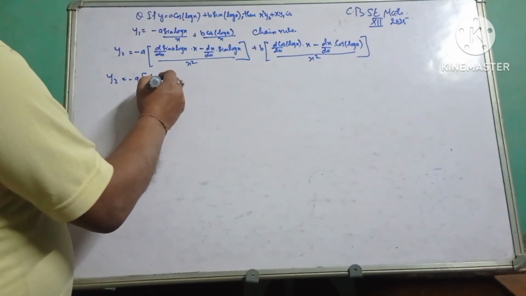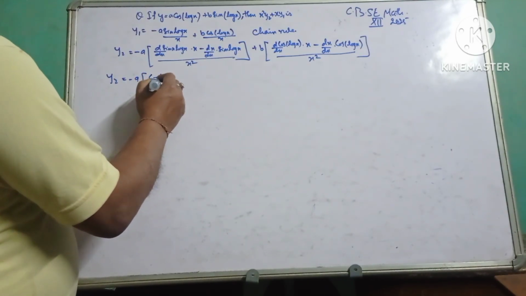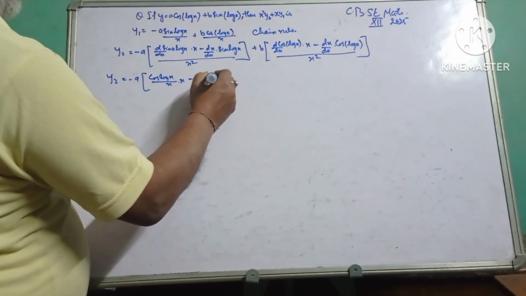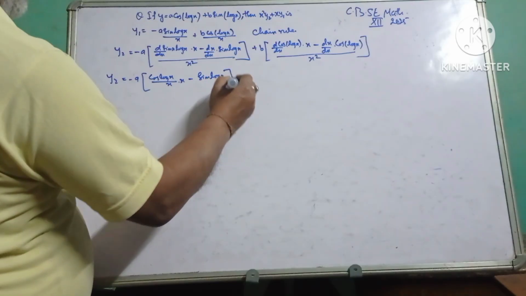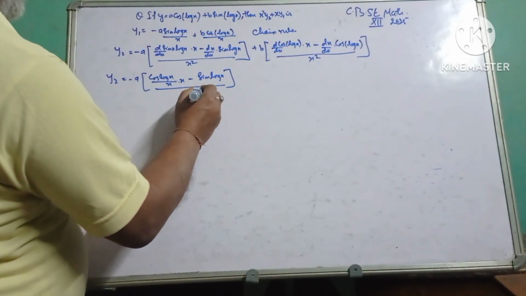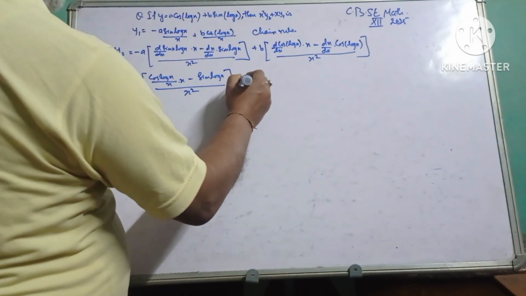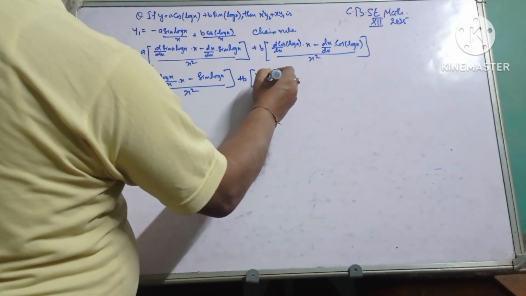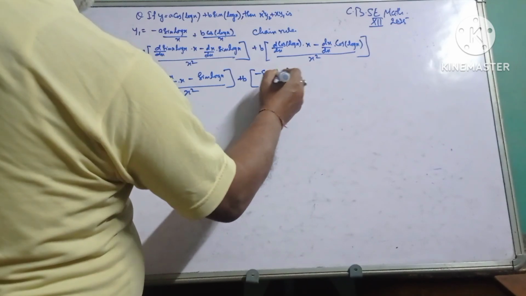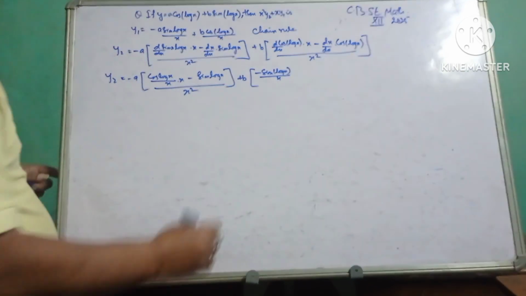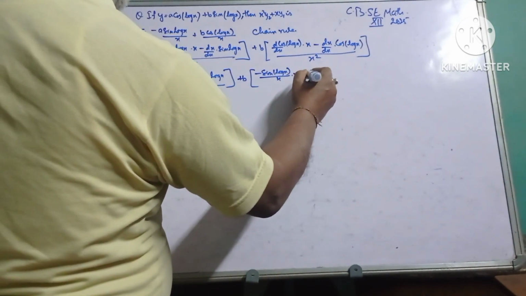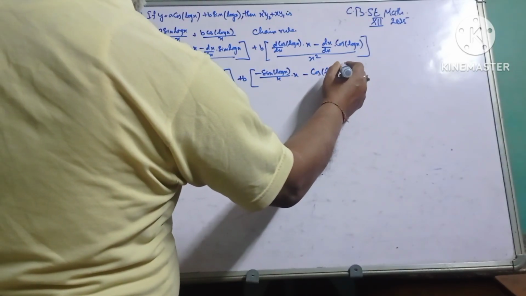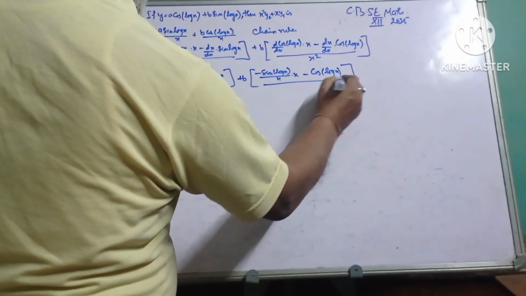So this is cos log x by x into x minus 1 sine log x by x square, plus b, and this will be minus sine, chain rule again, log x by x into x, and minus this is 1 cos log x by x square.